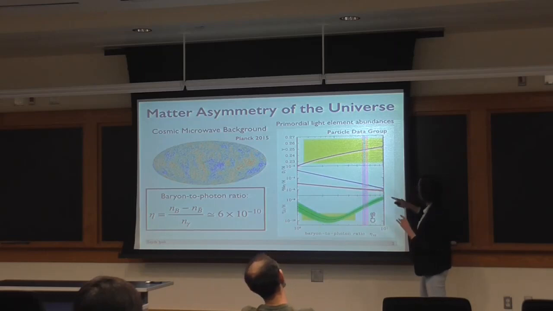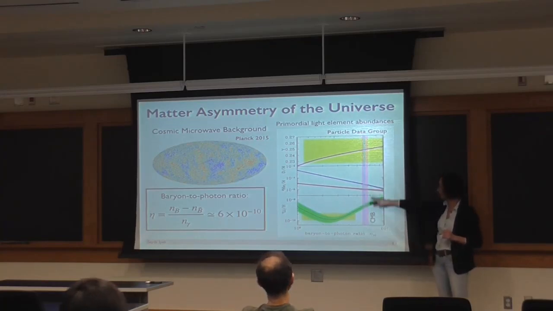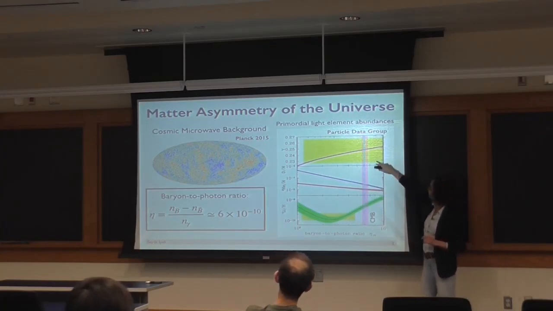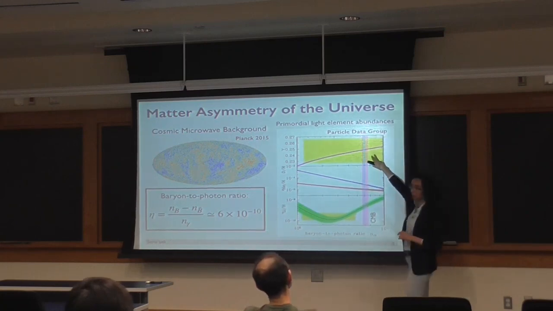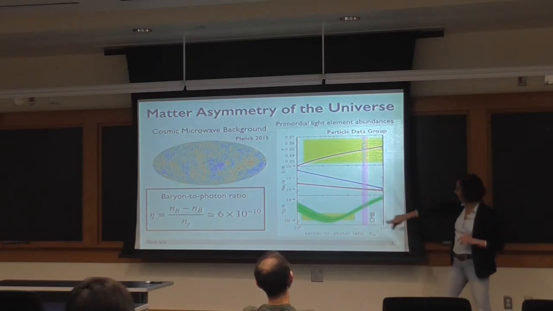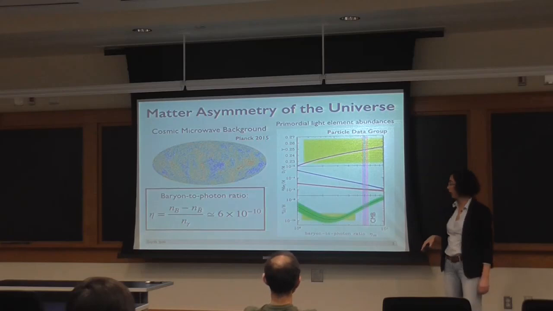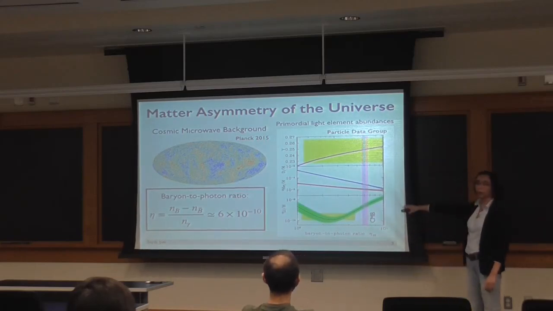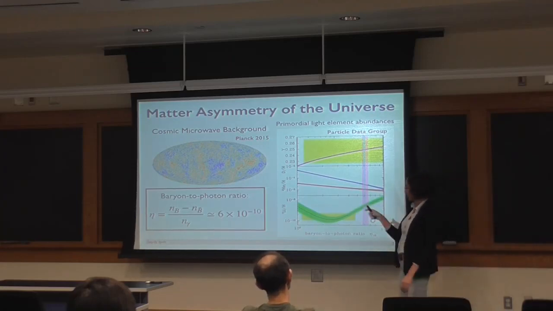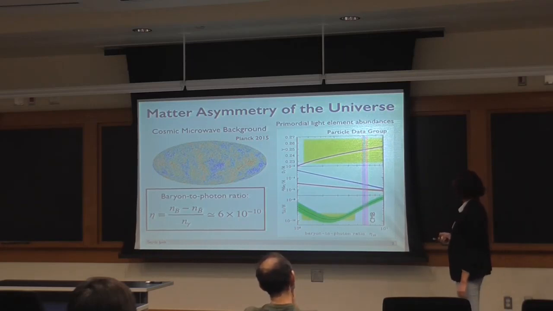The deuterium abundance, which is extremely well measured, matches really well with the asymmetry from the CMB. The helium-4 abundance also agrees with the CMB measurement, but the error bars are much larger. The lithium abundance doesn't agree that well. There's a 2 sigma problem called the lithium problem, but I won't talk about that today. Overall, this quantity is measured very well to be about 6 times 10 to the minus 10.